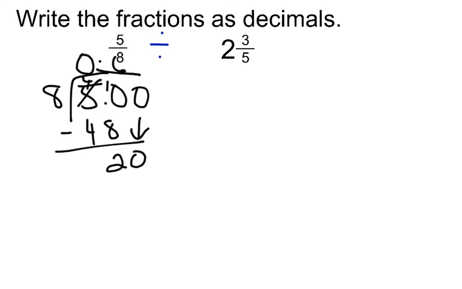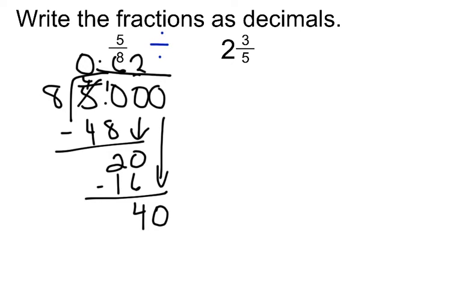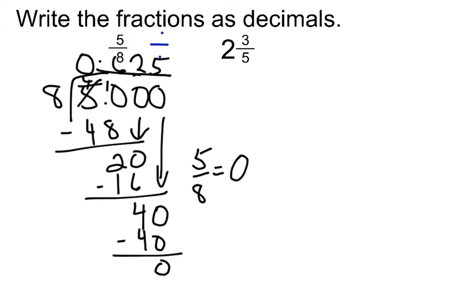And 8 can go into 20 2 times, and 2 times 8 is 16, with a remainder of 4, so we have to add another 0, and we keep going until we have no more remainder. And 8 can go into 40 5 times, and now we have no remainder because 5 times 8 is 40. So my decimal for 5/8 is 625 thousandths.